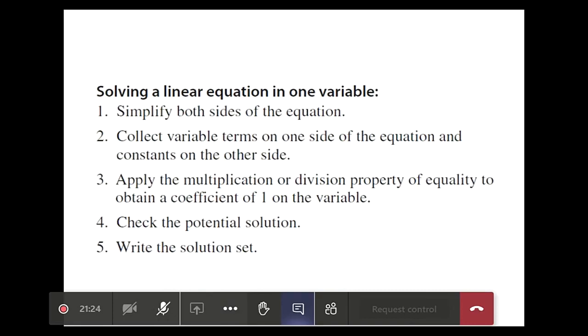To solve a linear equation, if we have brackets, we need to simplify the equation, so we remove the brackets. After that, put the unknown variable x on one side and any number on the other side, and make the summation or subtraction.